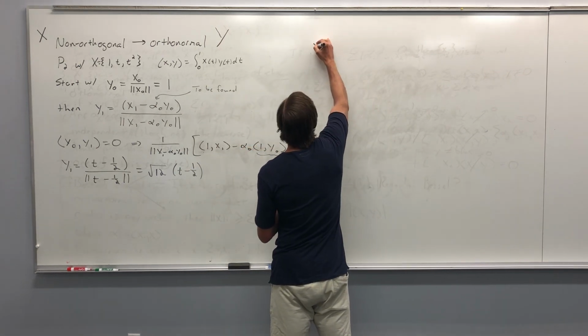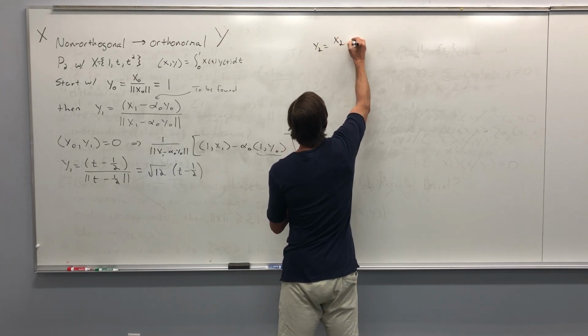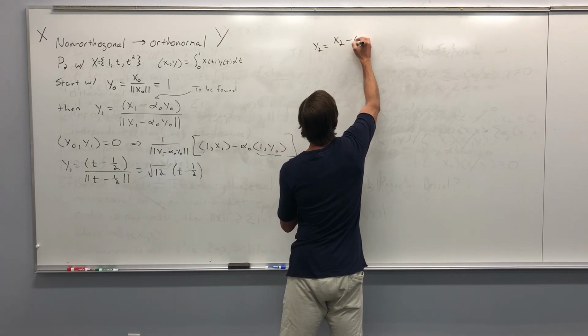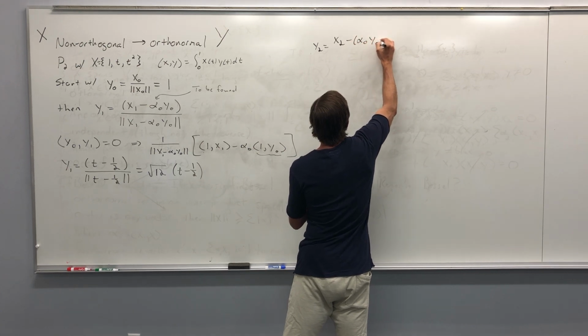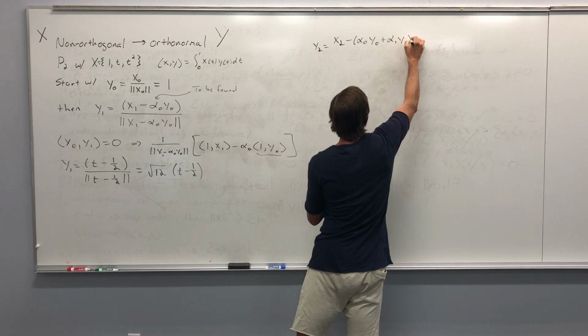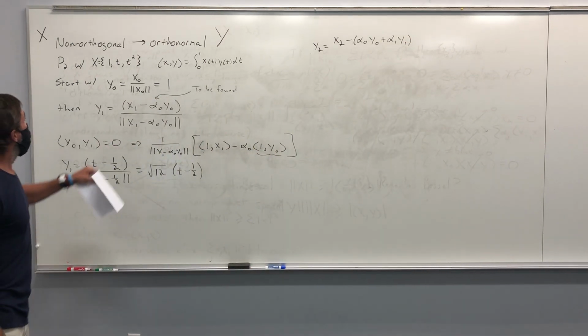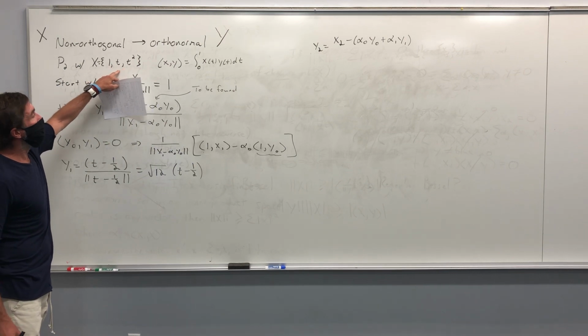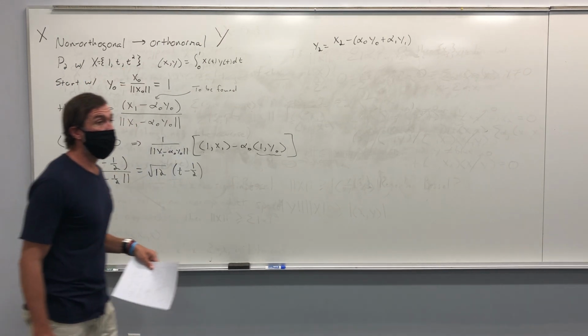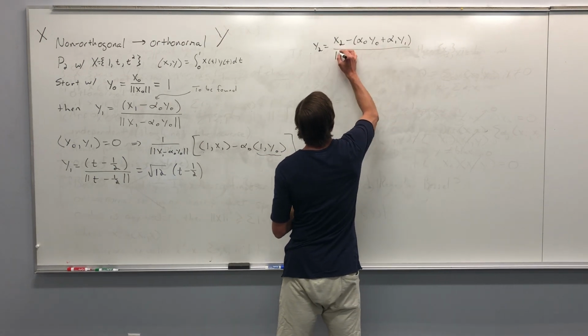So then we have our y2, which is going to be x2 minus alpha 0, y0 plus alpha 1, y1. So again, we want to take this guy and we want to subtract out everything here, leaving something which is orthogonal to those, over its magnitude.